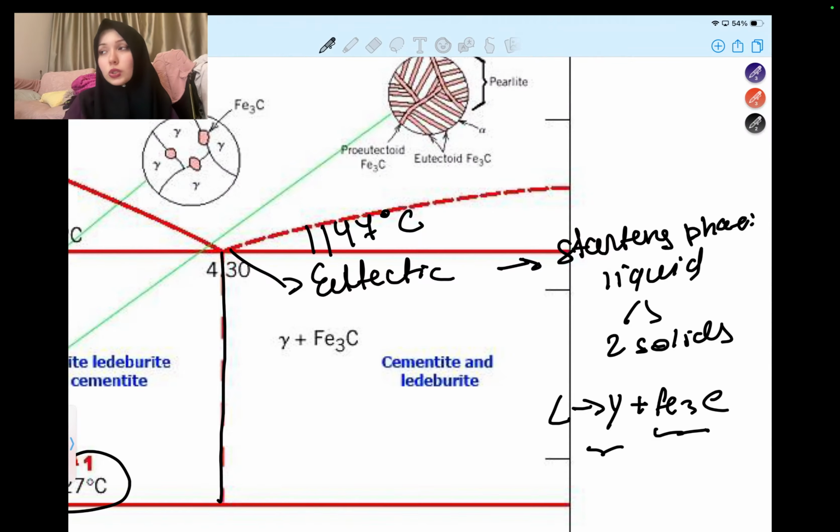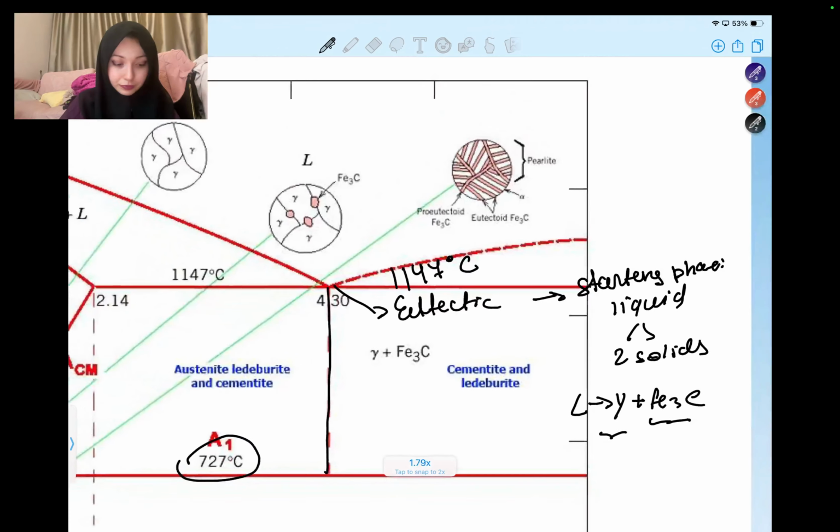I would suggest you memorize this, because the teacher might ask you to tell the exact temperature and carbon composition at eutectic and eutectoid points.